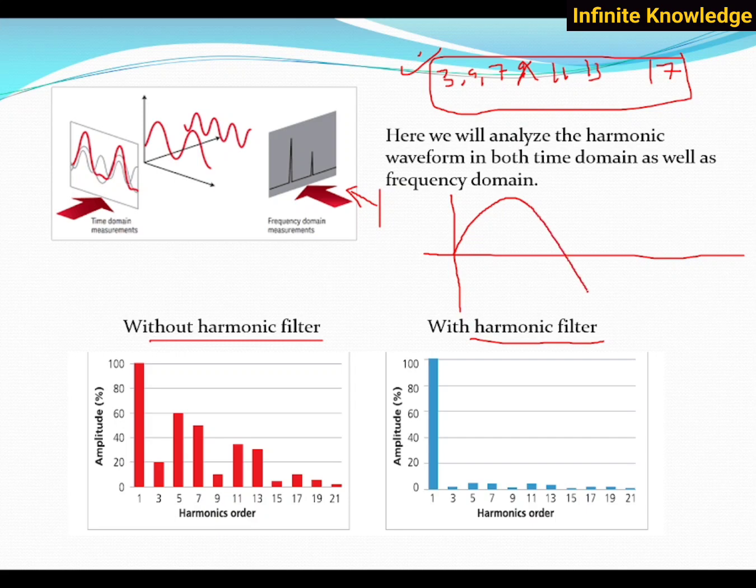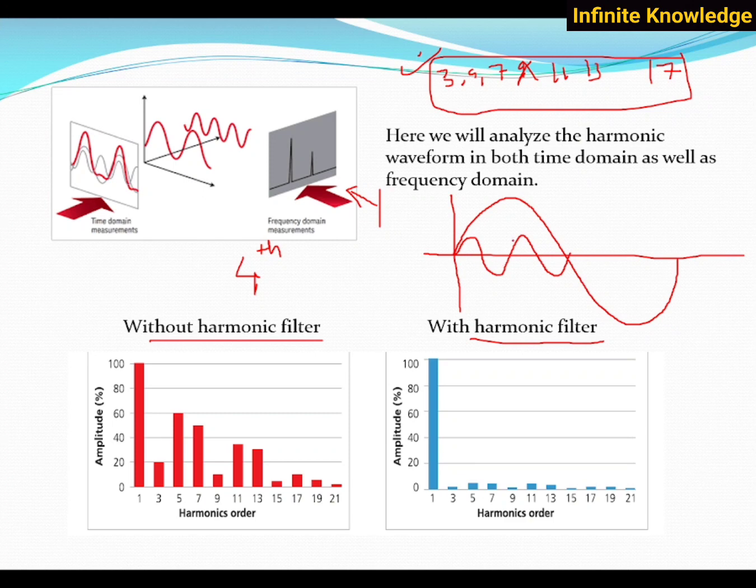This is our fundamental frequency, and if you want the fourth harmonic, what is the fourth harmonic? This is 50 hertz, so fourth means 50 times 4, 200 hertz. For 200 hertz, it will go like this: 1 2 1 2.